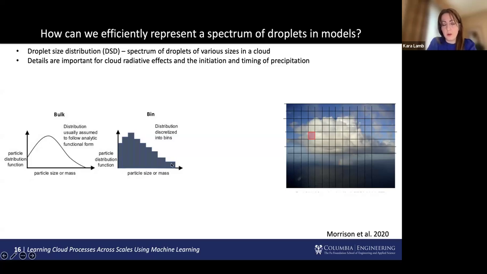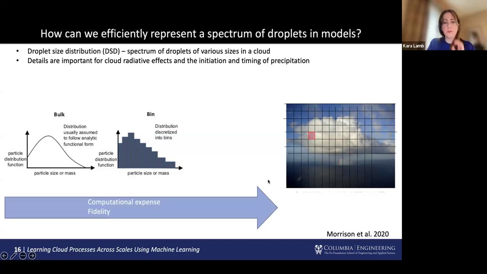A more accurate approach that people use is to, instead of tracking just the moments of the distribution, discretize the distribution into bins of various sizes and then look at how this bin droplet size distribution evolves as though we have the physics acting on particles of that specific size that the bin represents.